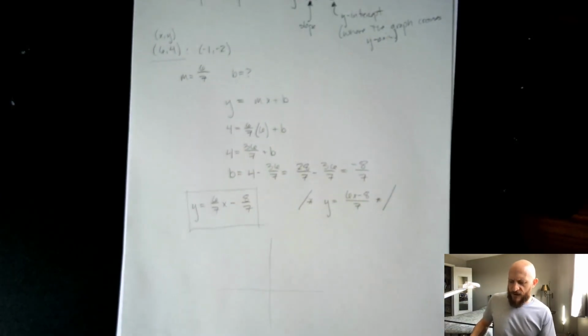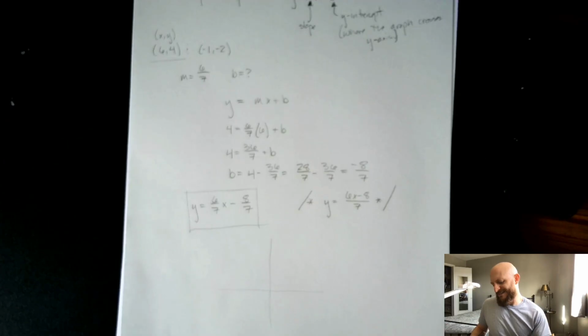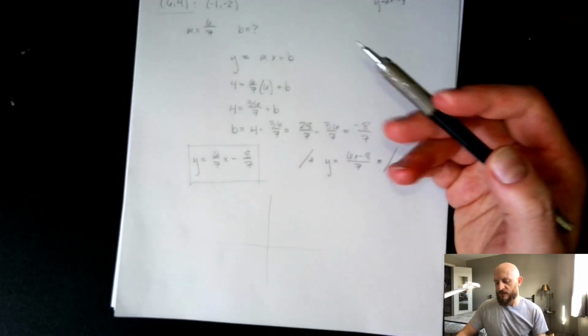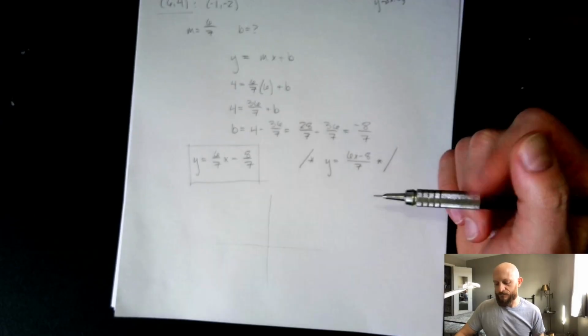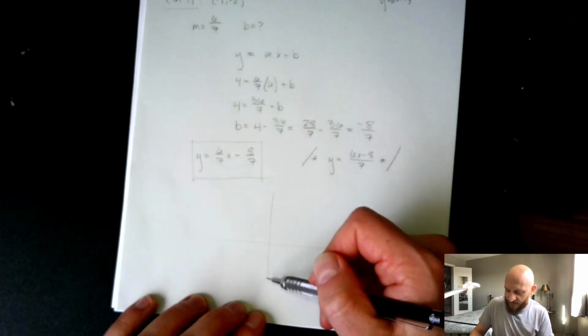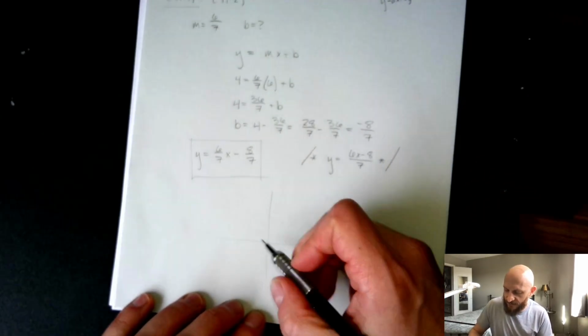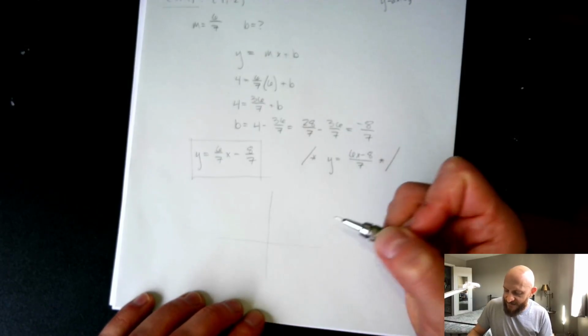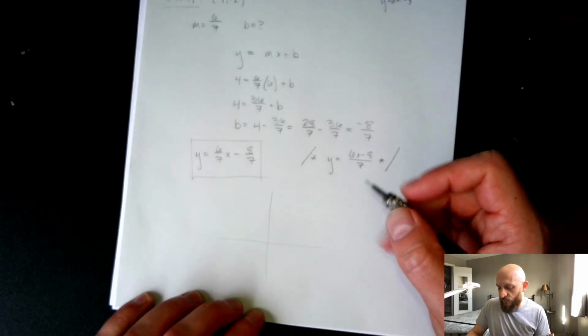I have to be a little bit careful. This is not going to be the best example since these are not nice, clean numbers. We'll do it anyways. Maybe I'll come up with another example after this that's a little bit cleaner and easier to see. So -8/7, that's -1 1/7.